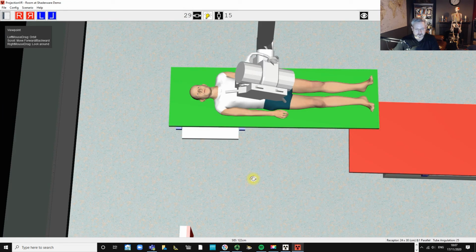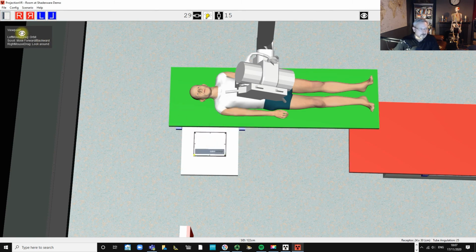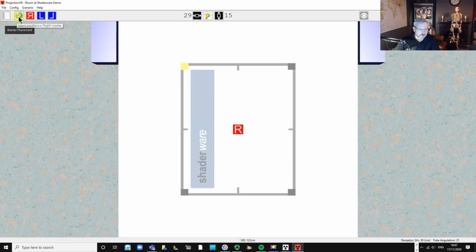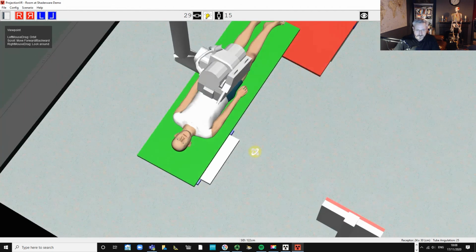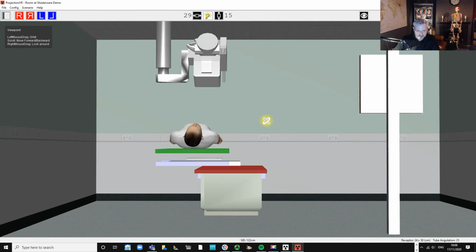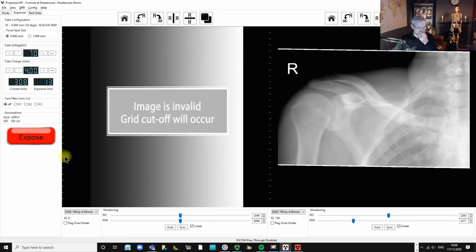Okay, so what we've got to do, we could use a non-grid receptor, which is fairly common anyway for a clavicle. So one of those areas where the body may or may not need a grid, depending on how muscly the patient is, and how good the algorithm is for analysing the image.